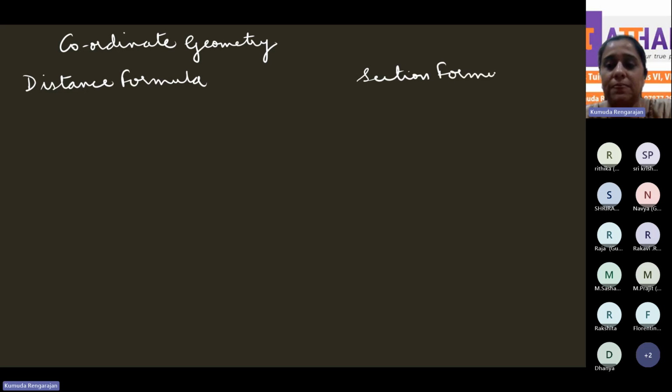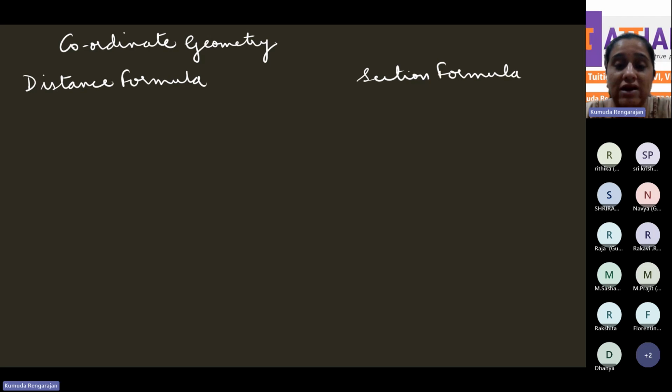This chapter basically was in three parts. Questions based on distance formula, questions based on section formula, and there was another part where we have the formula to find the area of a triangle. Finding the area of a scalene triangle using the coordinates of its vertices.